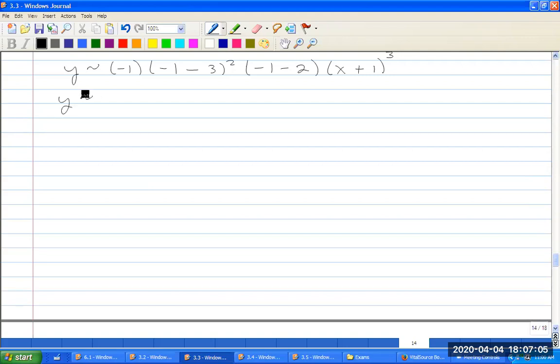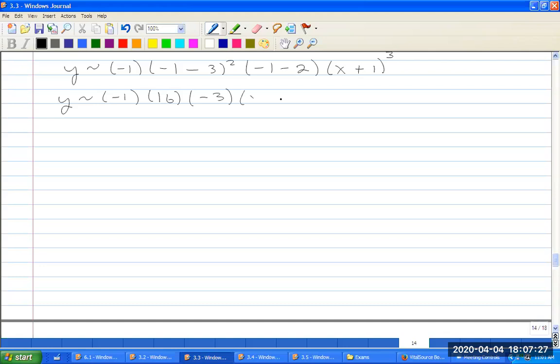So this is asymptotic to -1 minus 3 is -4 squared is 16. -1 minus 2 is -3.